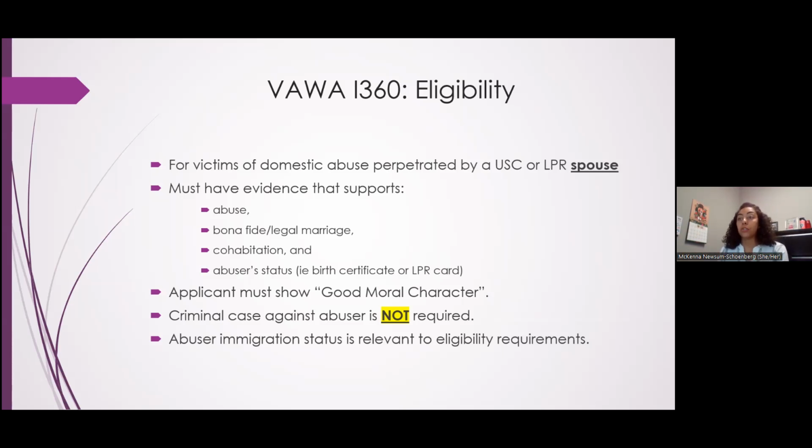An applicant must also show that they're a person of good moral character. This is very vague and can be a little bit hard to pinpoint, but essentially you have to show that you're a person who's trying to live their life as best they can, following the rules of the United States.